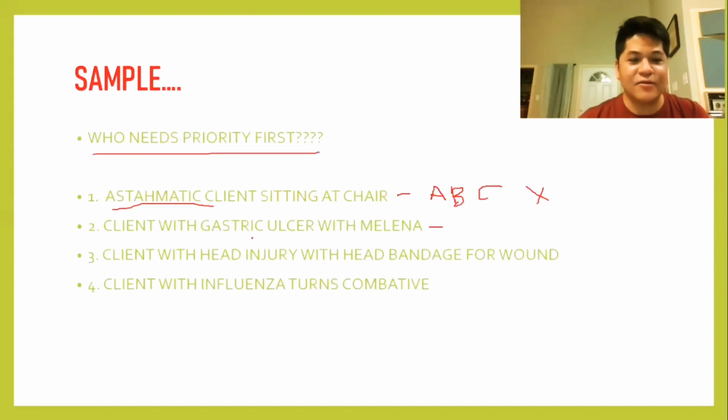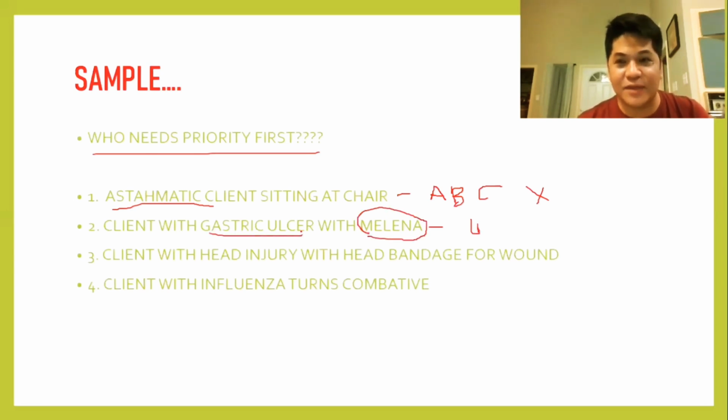Client with gastric ulcer with melena. Is this a complication, or is it a usual symptom? Probably this is a usual symptom, since with gastric ulcer, bleeding will lead to melena.